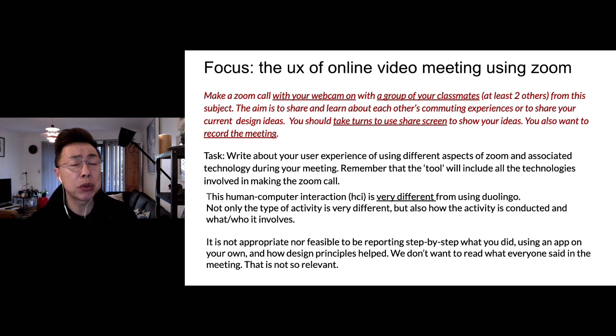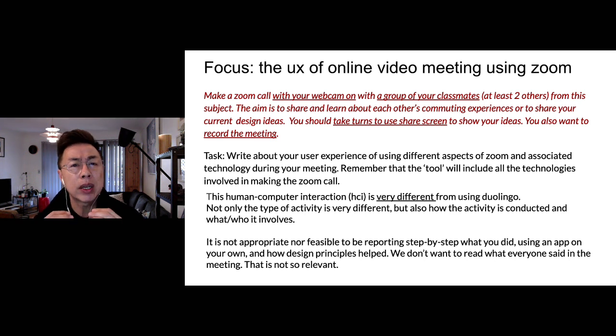Look, you don't really need to, but maybe everyone else can be doing the data collection at the same time while you're doing this together. So the aim of this Zoom call is to share and learn about each other's commuting experiences, or you can also use it to share your current design ideas that you're thinking about so far.